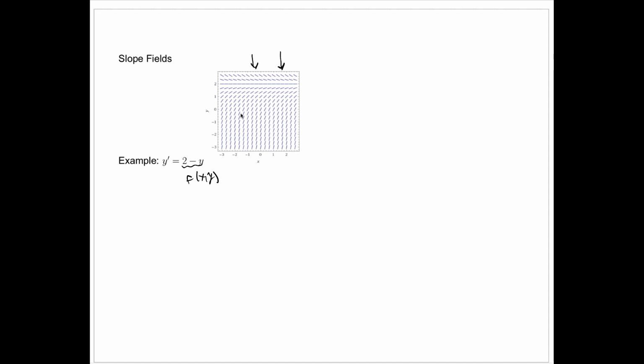So if you pick any initial point, say here, we'll need a solution which is everywhere tangent to the slope field. Again, let me try to draw that a little better.